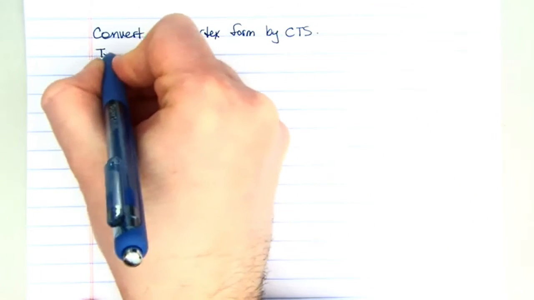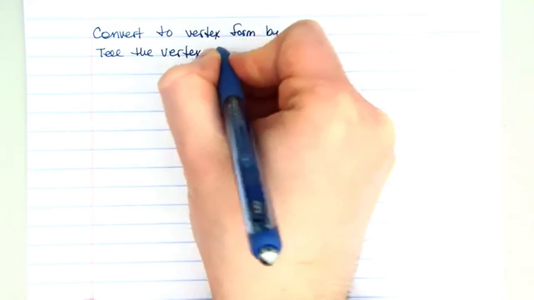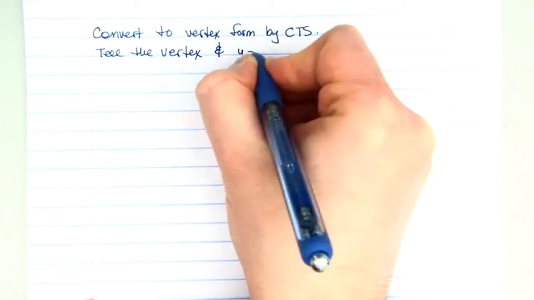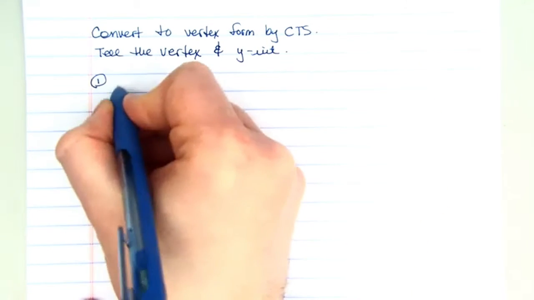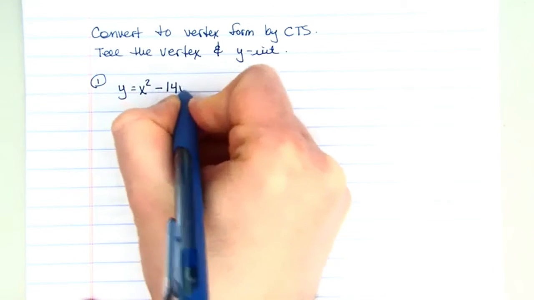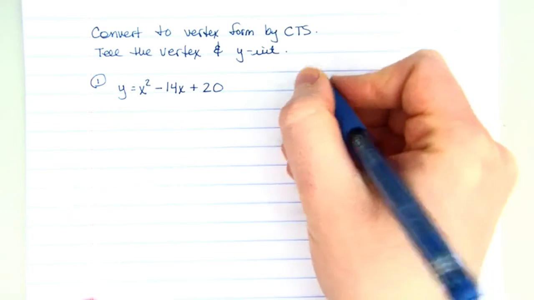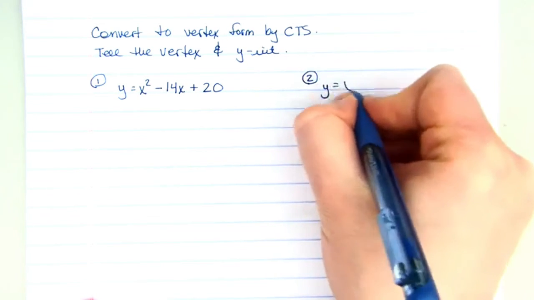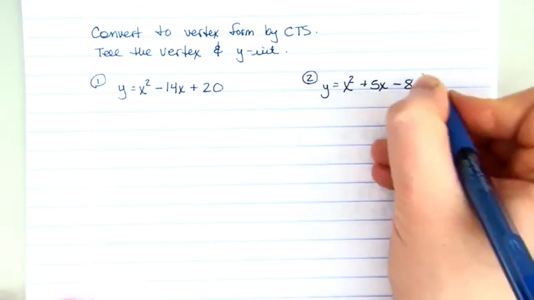Then you're going to tell me the vertex and the y-intercept. Do this for y equals x squared minus 14x plus 20. And do this for y equals x squared plus 5x minus 8.